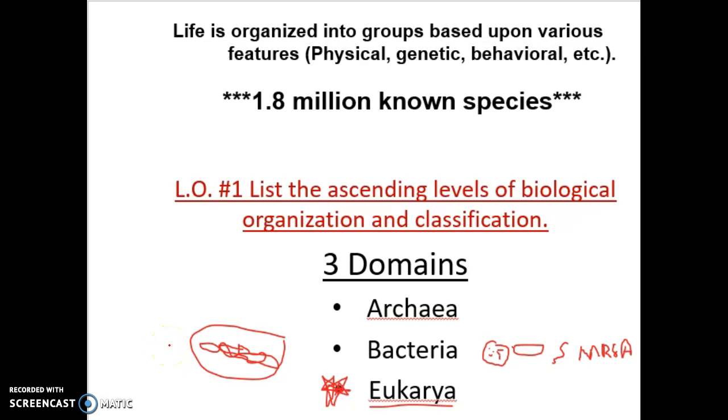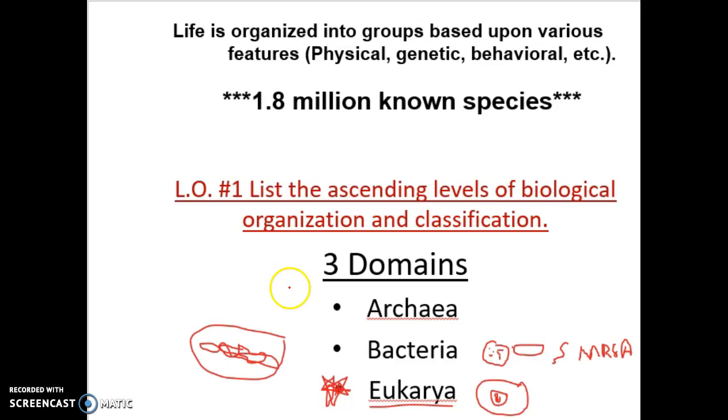That's what makes MRSA different than the Archaea and different than the Eukarya. In Eukarya, key feature, if we look at an animal cell, plant cell, fungi, etc., we have a nucleus. That's what houses all of our DNA. Okay, so it's just one basic feature that puts you into these different categories, these different domains.